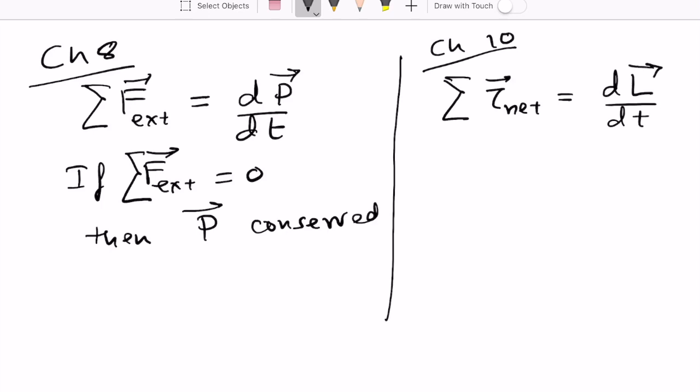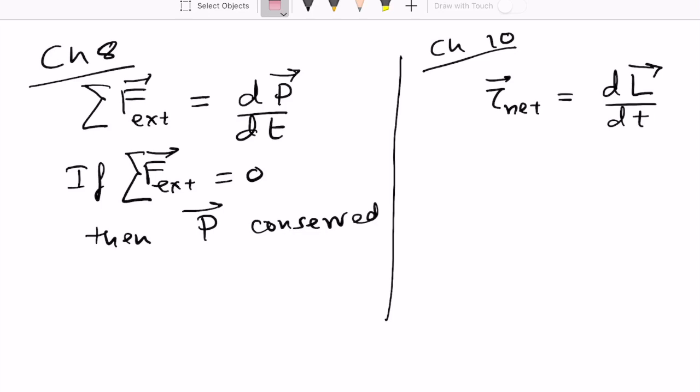And in fact, this equation that I just wrote down is our bullet point number 3. So the net external torque on a system is equal to, I could probably just write this as, the net torque on a system is equal to the rate of change of angular momentum of the system, right?